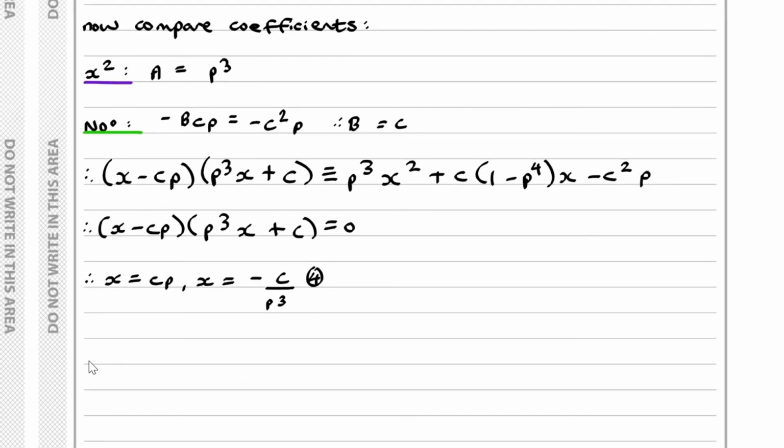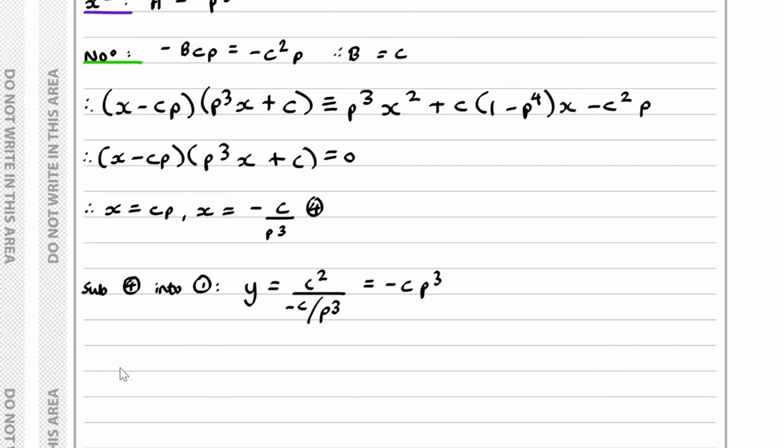So we will now substitute equation 4 into equation 1, and if we do that, we have y equals c squared over x, which we just found to be minus c over p cubed. And if we work this out, hopefully you'll find we have minus c p cubed.